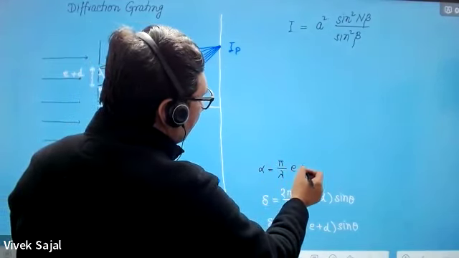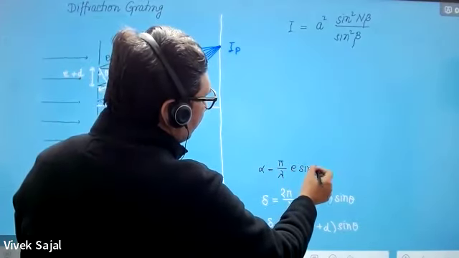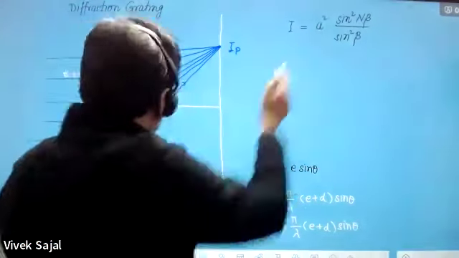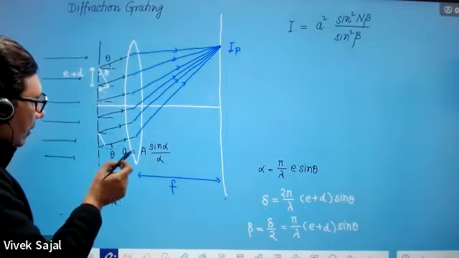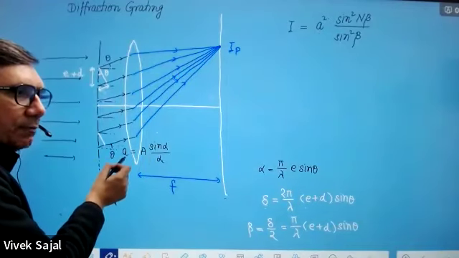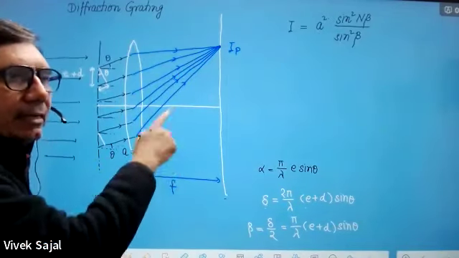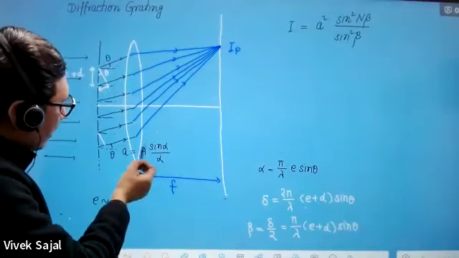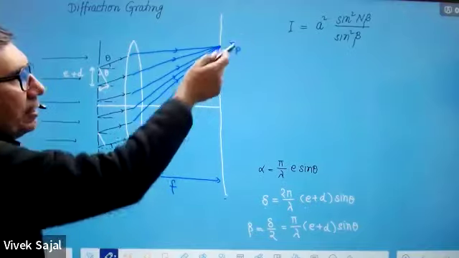This will be, alpha equals (pi e sine theta)/lambda. Okay? So place here the value of this A, which is this amplitude. It is varying with angle theta due to the diffraction that is taking place at individual slits. So place this expression of A here.